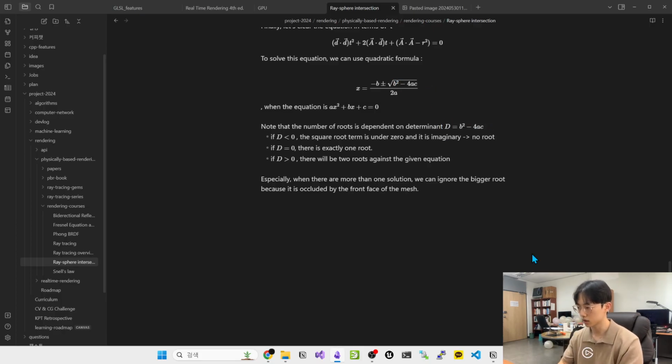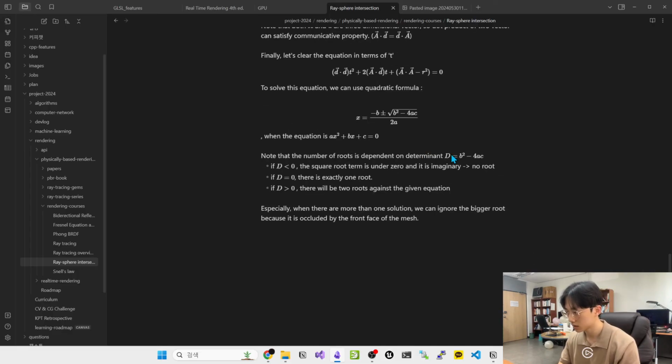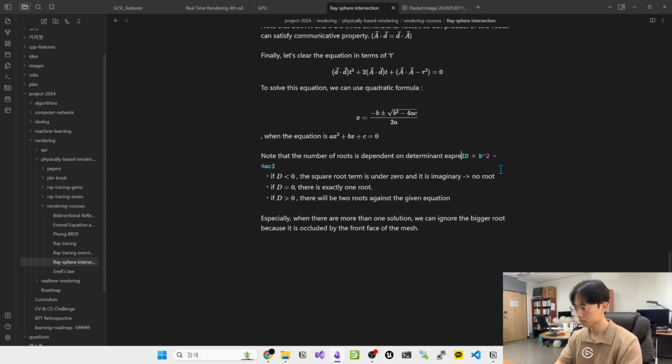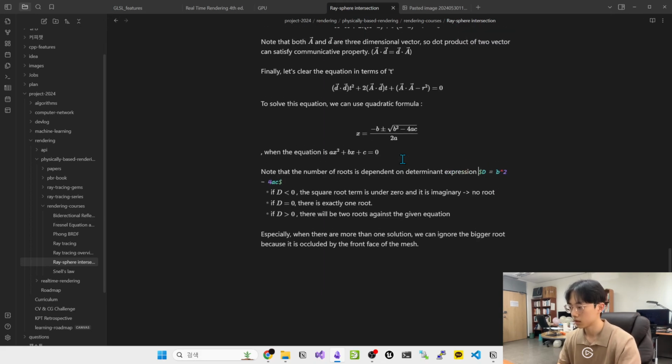Let me just write it. The expression inside the square root is called the determinant, or discriminant, of this formula. If the determinant is lower than 0, the value under the square root is negative. It means an imaginary number, so we don't have any root for that. So this is exactly the missed case.